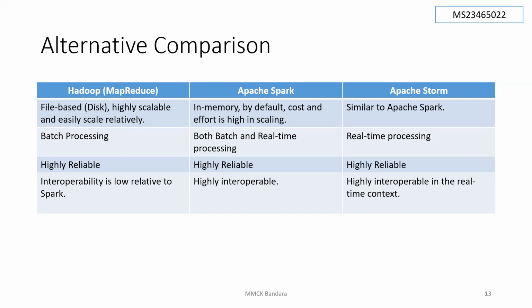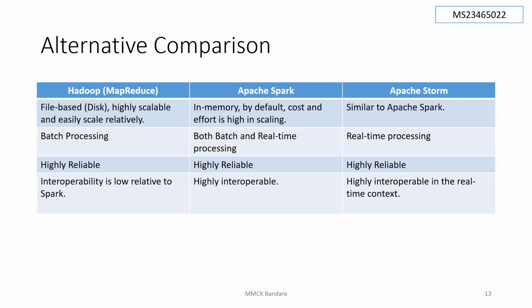So Hadoop is more easily scalable than Apache Spark, but Apache Spark also performs well in scaling. Apache Storm is focused on real-time processing, and it scales really well in that particular context.